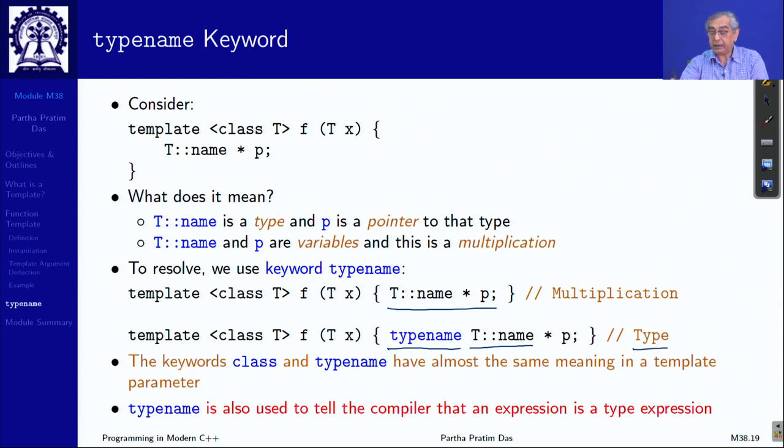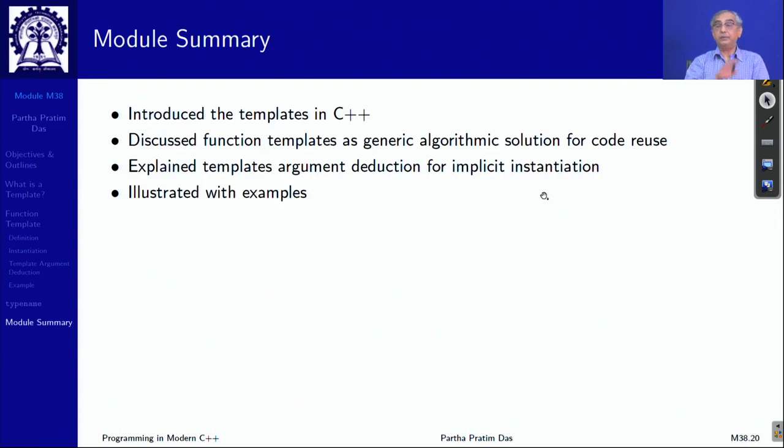So, that is the specific context in which the typename keyword is required with a different behavior. You could not have used the keyword class, because in this context it has all different kinds of semantics already loaded. Otherwise, class and typename are exactly interchangeable in terms of template parameter definitions.